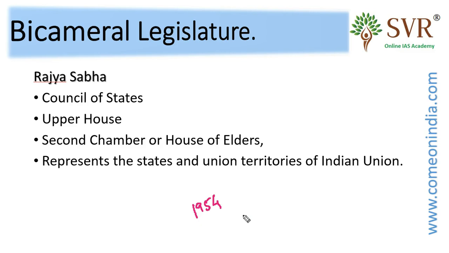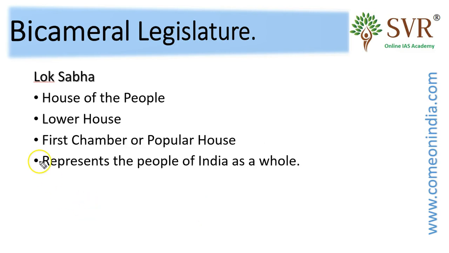Now let us have a little introduction to Lok Sabha. Lok Sabha is the lower house of the Parliament of India. The Lok Sabha is also known as the First Chamber or Popular House. We call Lok Sabha the House of the People. The reason for calling Lok Sabha the House of the People is that it represents the people of India as a whole, whereas the Rajya Sabha represents the states and union territories. So that is the difference between the Rajya Sabha and Lok Sabha.